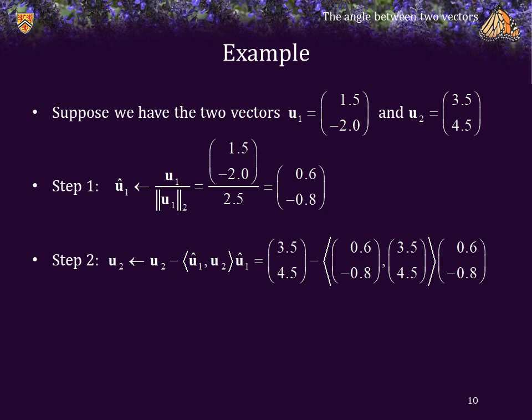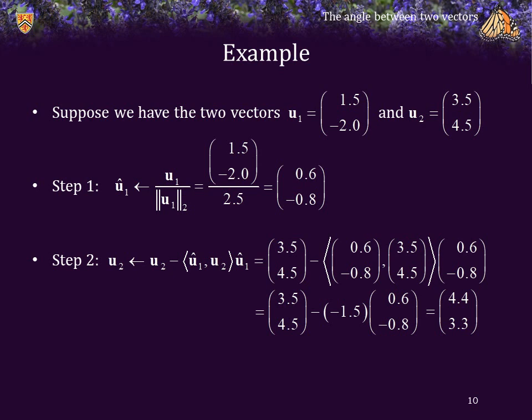So here we see u2 minus the inner product of u2 and u1 cap multiplied by u1 cap. Well, that's equal to 3.5, 4.5 minus negative 1.5 times the vector 0.6, negative 0.8. And if you work that out, you get the vector 4.4, 3.3.